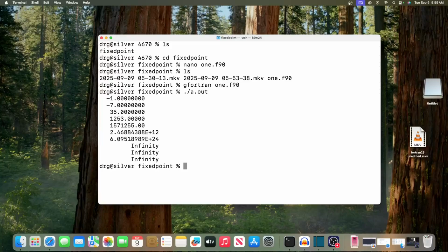Then I get 2 point some odd times 10 to the 12 power, 6 times some odd to the 24 power, and then I get numbers that are so big the computer has thrown its hands up in the air and said, infinity. Obviously, this didn't work. So fixed point iteration is not necessarily guaranteed to work.